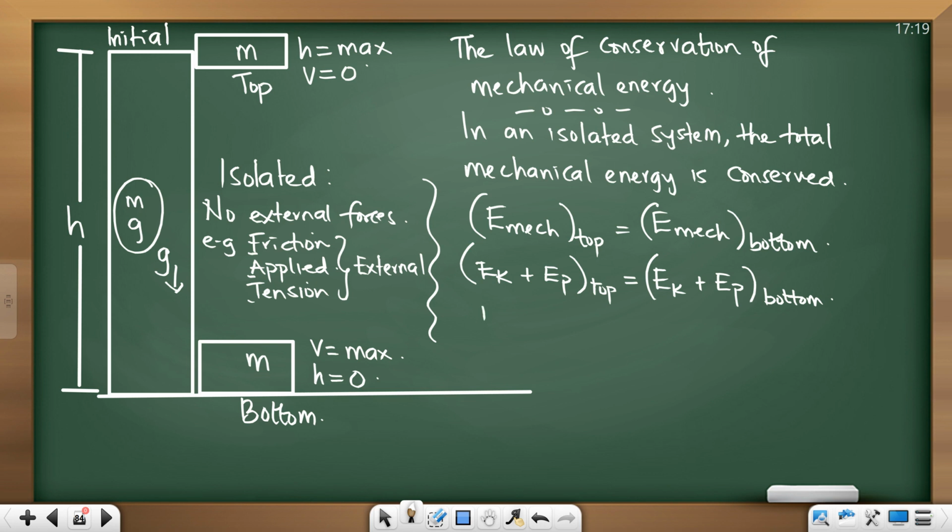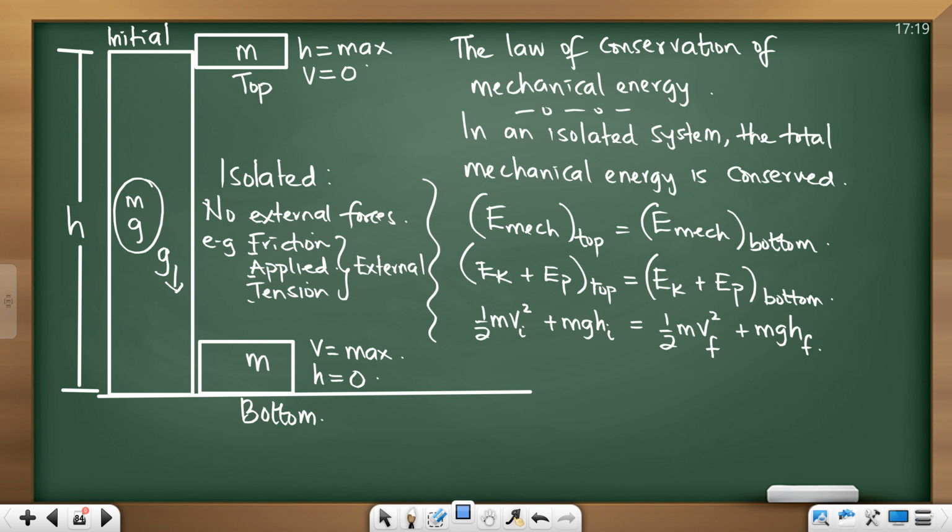All right. Half mv squared, since it's at the top and the top is initial, plus mg, initial height, will be equal to half mv squared at the bottom, we talk about final, plus mg h final. And guys, it's not necessarily just at the top or at the bottom.